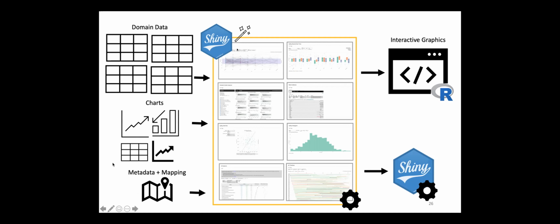Shiny is going to work its magic, and you're going to get your web page with lots of nice interactive graphics, and you can export either copies of the graphics, or there's also a way that I'll show you in a minute that you can just export the whole Shiny app so that it can be easily rerun. So this is the big picture, and hopefully by the end of the workshop today, this will make a lot of sense and you'll know how to go and customize this for your own use cases.